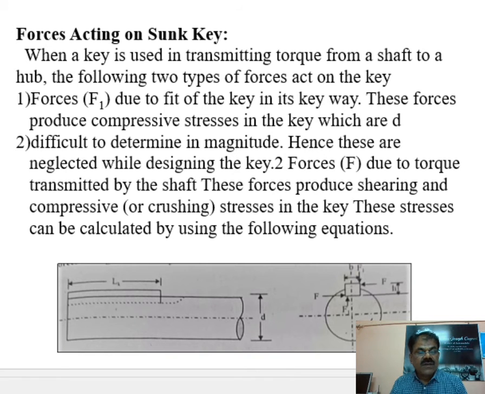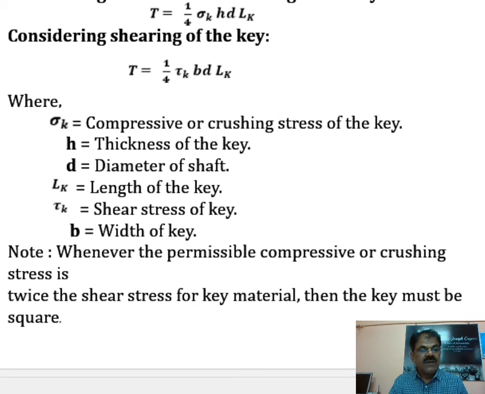Number two, forces due to torque transmitted by the shaft. These forces produce shearing and compressive or crushing stresses in the key. These stresses can be calculated using the following equations. Considering crushing or compression of the key, T is equal to 1/4 sigma k h d lk.